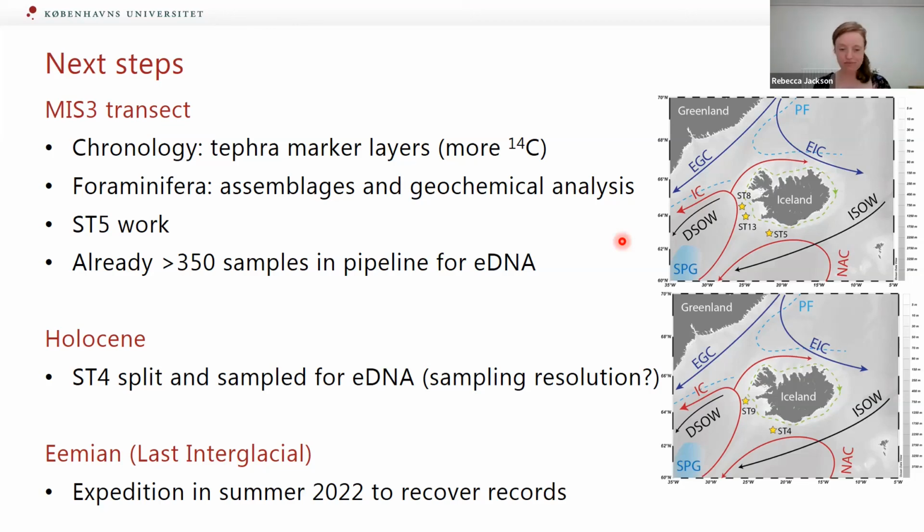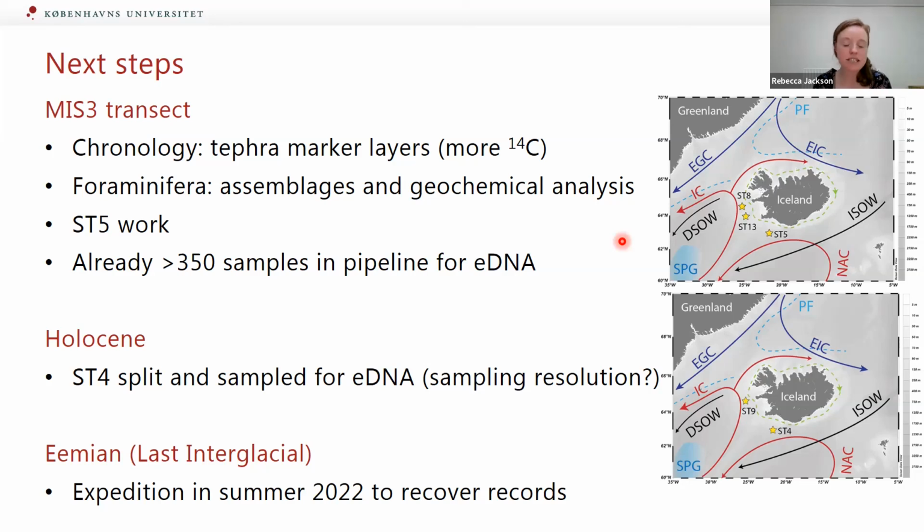And one more wish list, let's say, is that there's an expedition in summer by some of my former colleagues from Germany, actually. And we wanted to go back to the Eemian. And there's a possibility that we could do that with a longer core than we had on board the expedition last year.